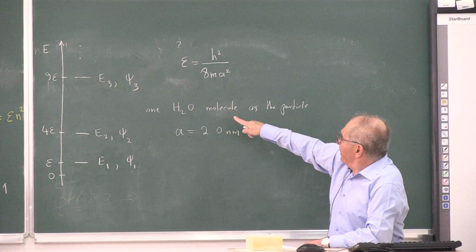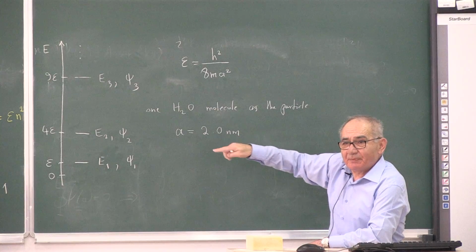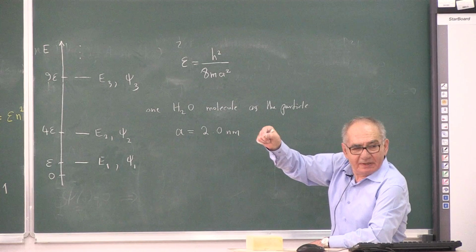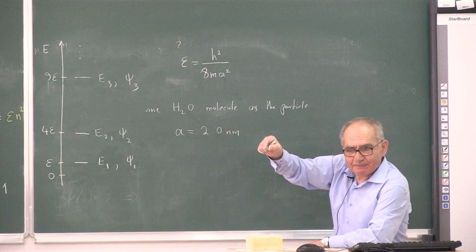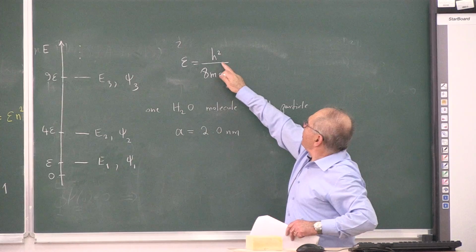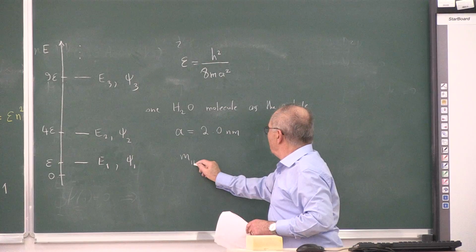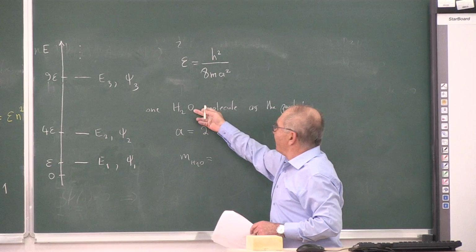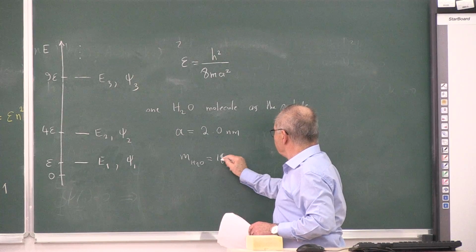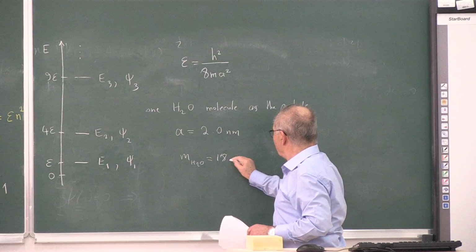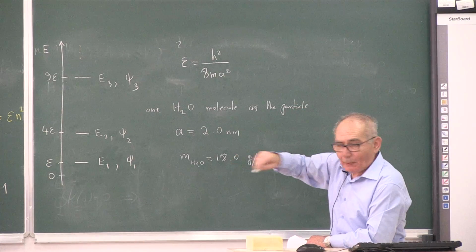Notice that it is just one water molecule, and also the box size is very, very small, 2 nanometers. It's a microscopic box size. Let us calculate this value. Mass of water is, oxygen is 16 plus 2, 18 gram per mole. Remember the units.